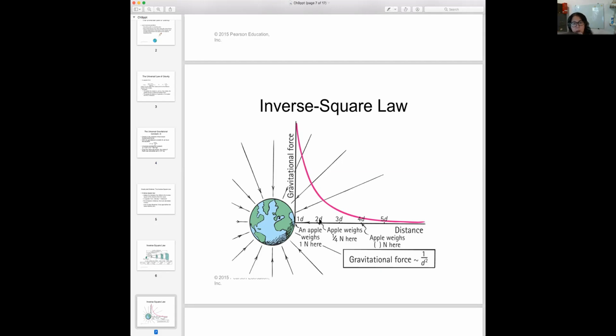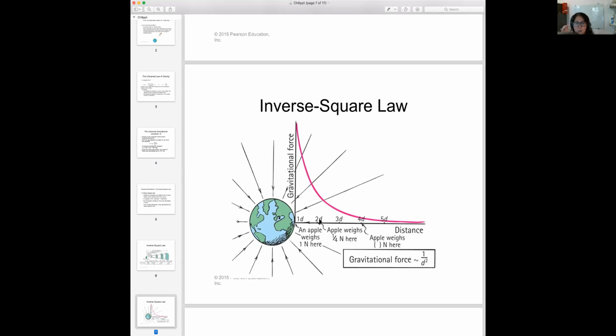So let's say you weigh, let's do 140 pounds, 120 pounds. Then you go all the way up in space that's really far, high up. If you were 120 pounds on Earth, you should still weigh 1/4, so 30 pounds.